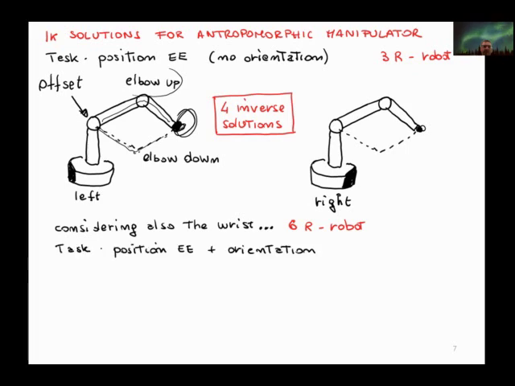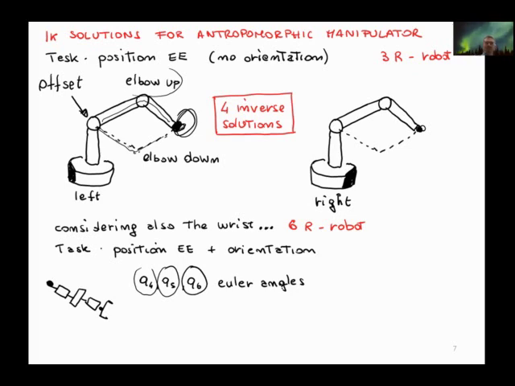The fact that we have intersecting axes allows us to see these 3 joints as a sequence of Euler angles, because the 4th joint Q4 is a planar rotation, then there is the following one that is a planar rotation after the first rotation, and the 3rd one again after the first 2 rotations. So we can see these joints as a set of Euler angles to represent the orientation.